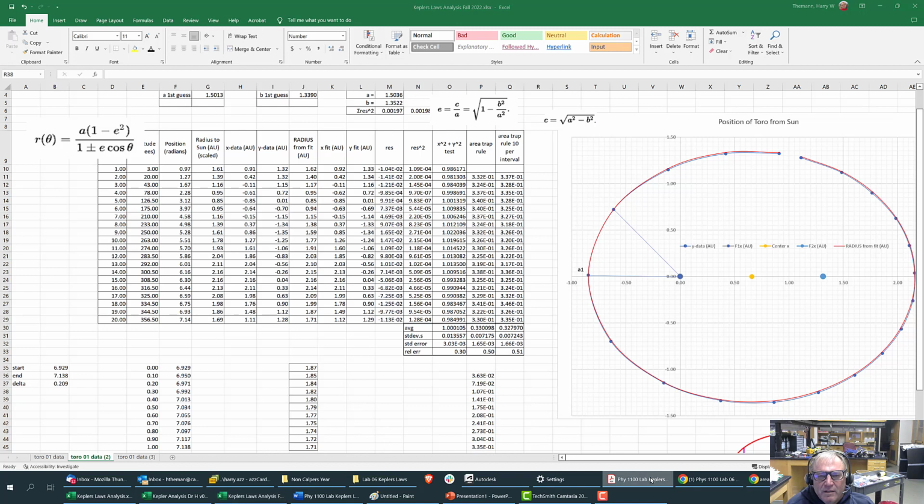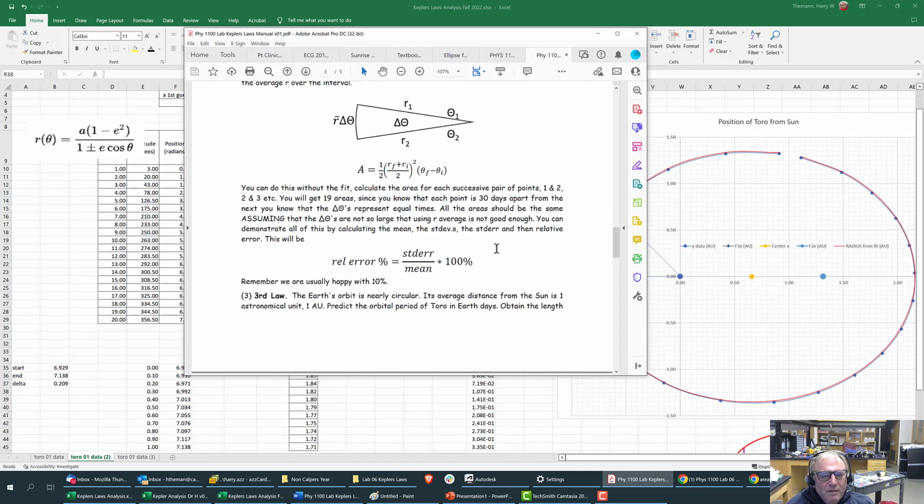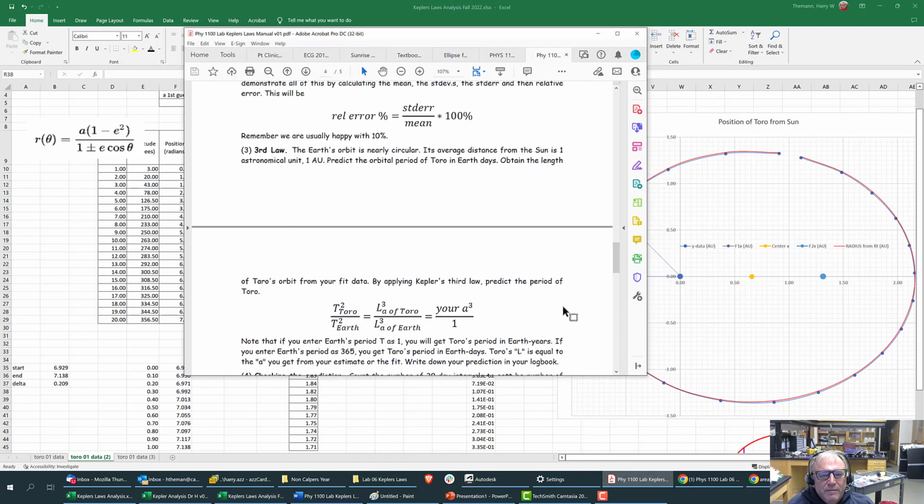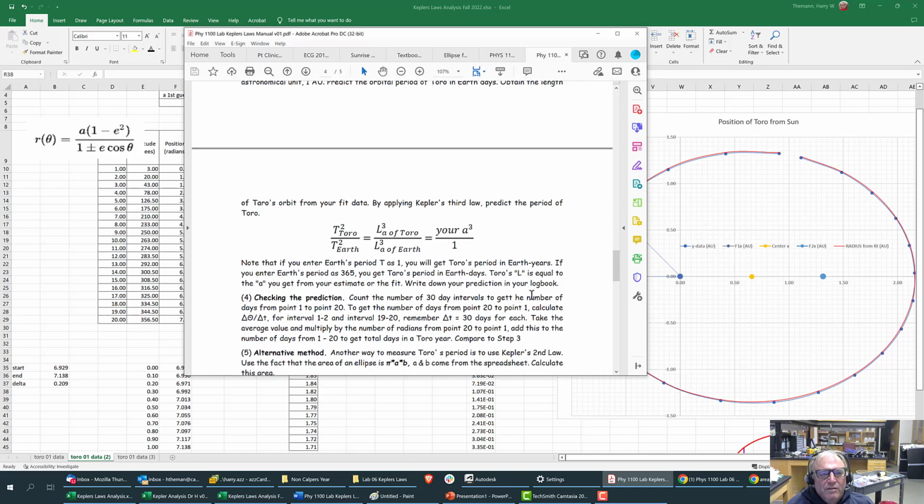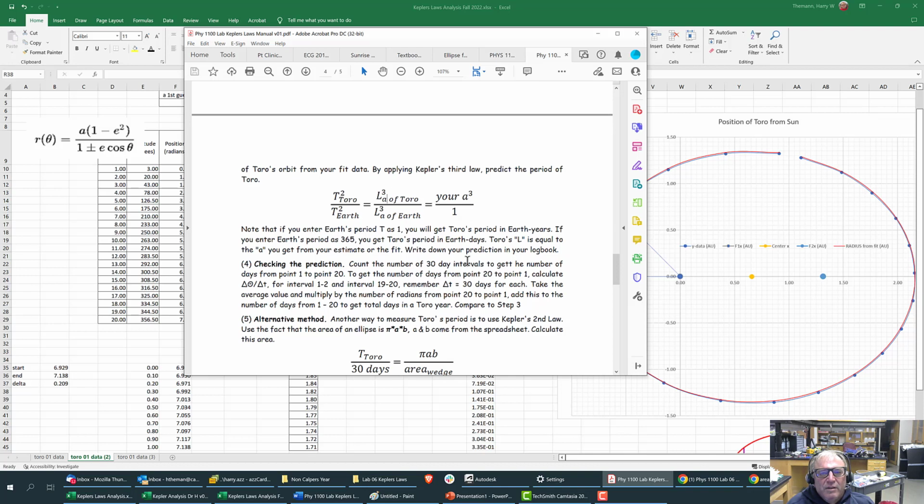Okay, so let's go back. What else do we have now? The third law. So I rearranged this so you can do this yourselves with a calculator, because now we know A. Don't forget, RA is expressed in astronomical units, so that's why you would plug it in here.